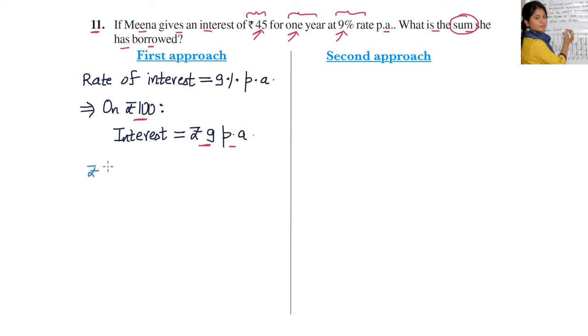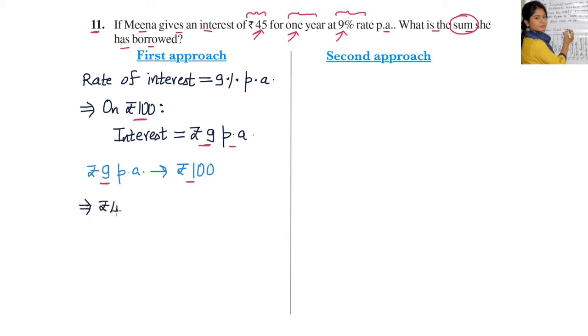So on this observation, we can say that rupees 9 per annum corresponds to the sum of rupees 100, the principal amount, right? Clear? So now we will find for 45 rupees. If we find for rupees 1 per annum, it will be 100 upon 9.